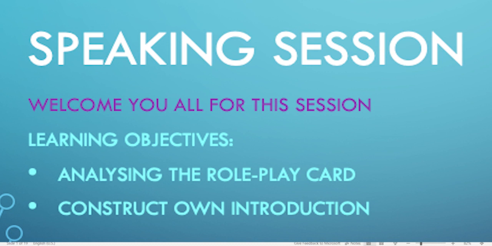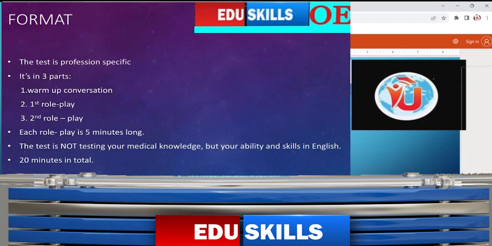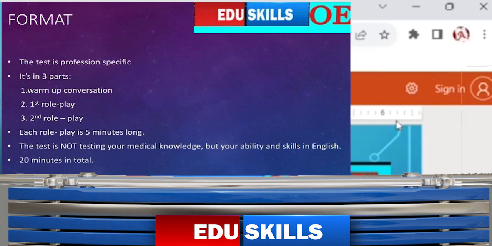Moving on to the speaking subtest. I think everyone knows about the speaking subtest. It is a profession-based test, so each of the professions has its own speaking subtest. It has three parts.